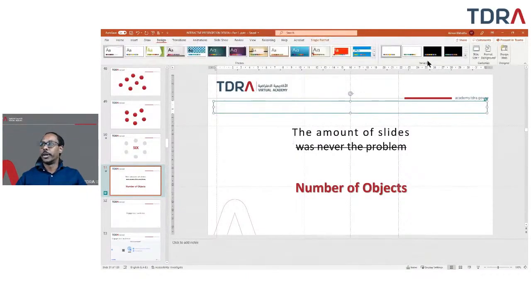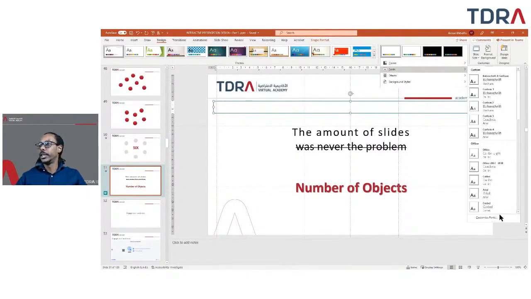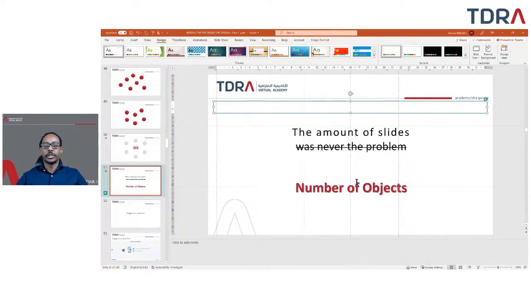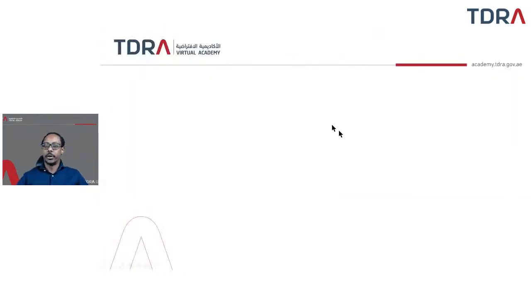And for fonts, same place, Fonts, you get to customize if you want the header font, if you can see, and the body font. You do this first, before you start doing anything on your presentation, and it will be set for the whole presentation.